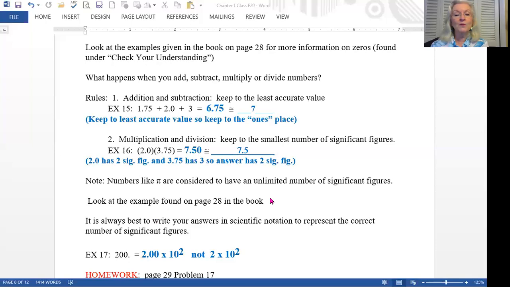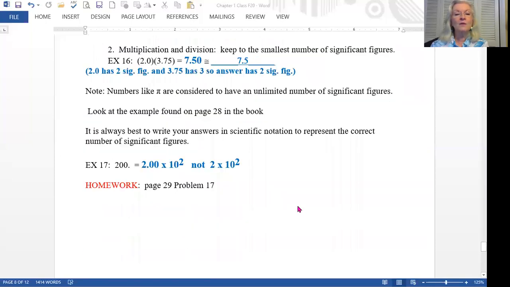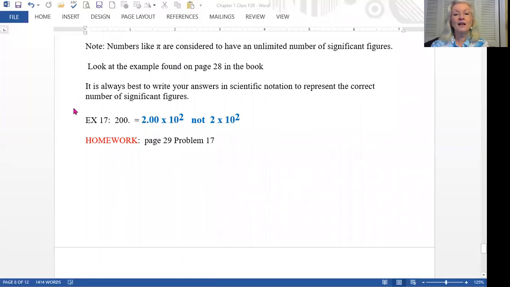There are more examples in the book. You should look at them. Always best to write our answers in scientific notation if you have to care about the number of significant figures. So 2.00 times 10 squared, not 2 times 10 squared, because of that decimal. And we have some homework problems to look at. Again, just practice with this.